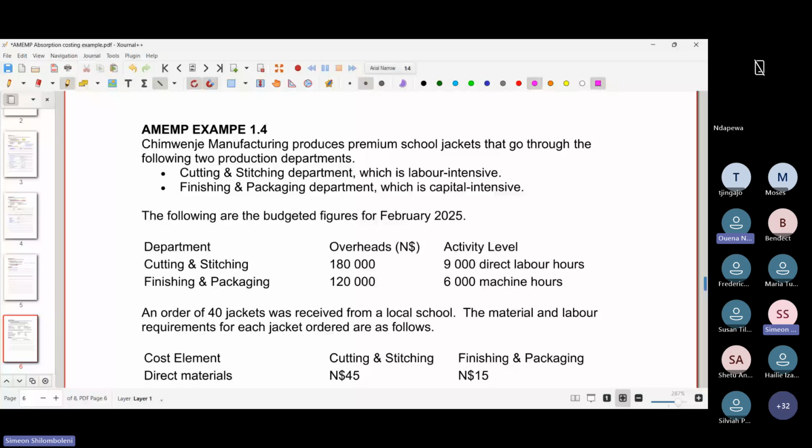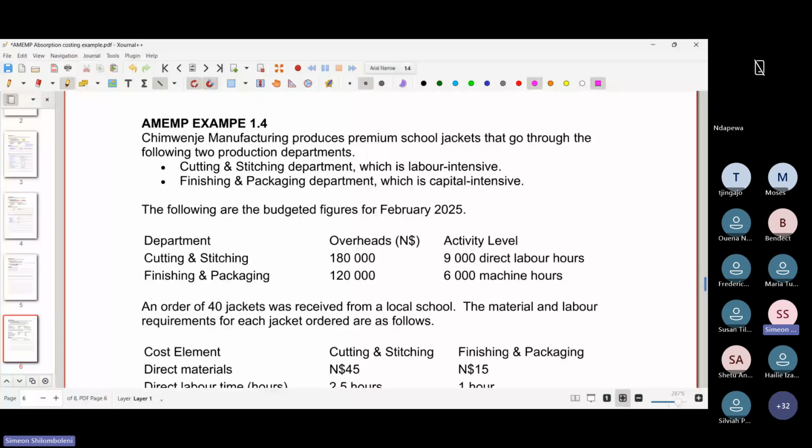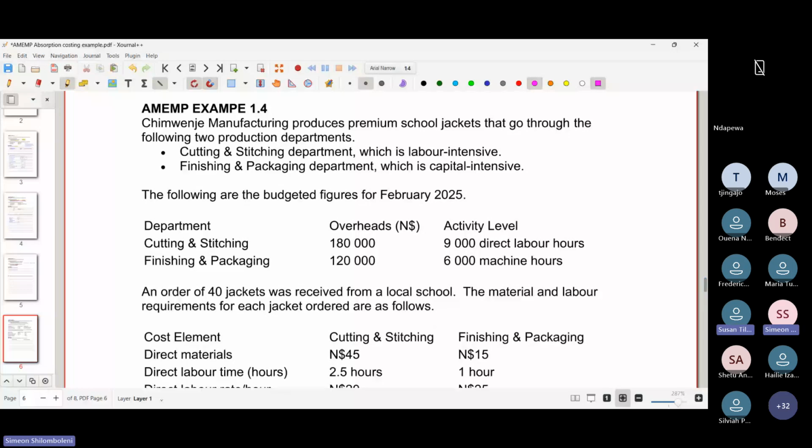Now, this question is the type of question that you will get in the exam. The other ones were just simplified so that you can understand the concept. Let's go through this question together, but you are going to do it yourself as soon as we finish the class. You send me the answer. It's not for recording, but I just need to see that you understand.